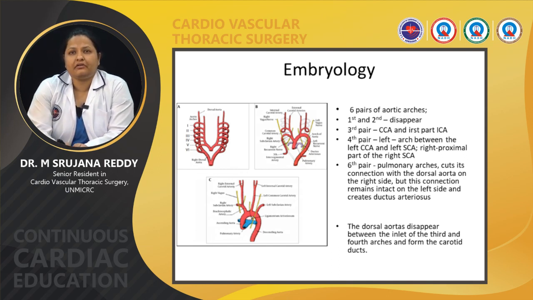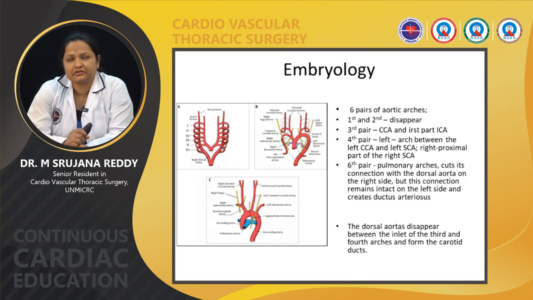The fourth pair on the left side forms a part of the arch which is between the left common carotid and left subclavian artery, while on the right side it forms the most proximal part of the right subclavian artery. Coming to the sixth pair, it forms the pulmonary artery and the ductus arteriosus. Usually the dorsal aortas disappear between the inlet of the third and fourth arches and they form the carotid ducts.